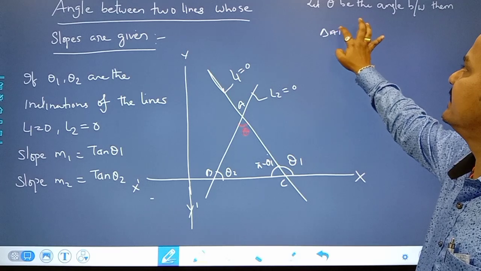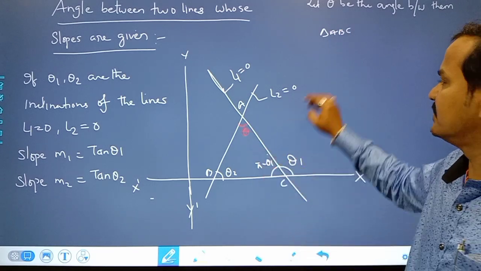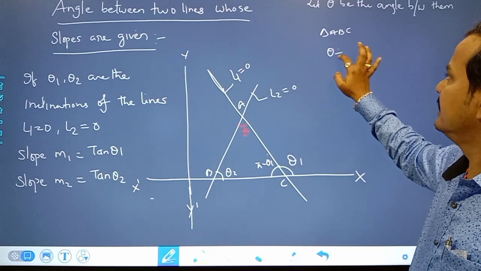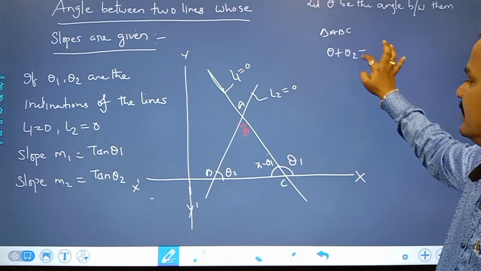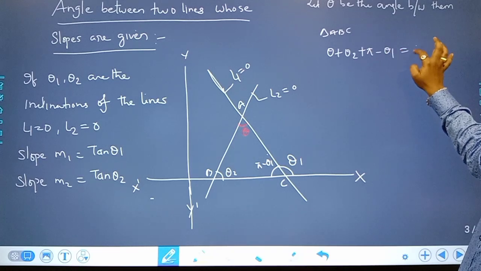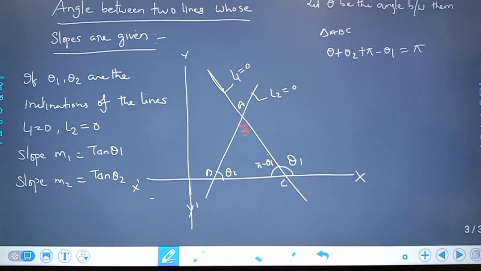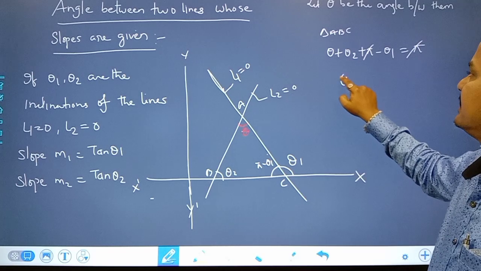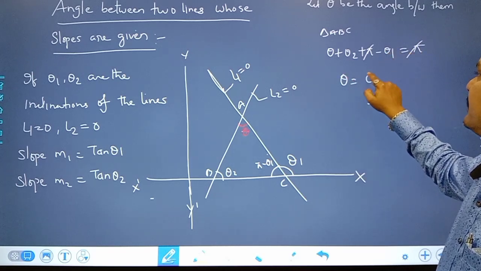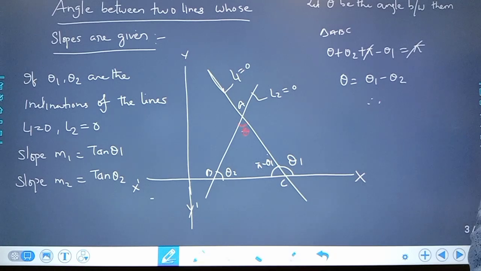In triangle ABC, the sum of the angles is 180 degrees. So theta plus theta 2 plus pi minus theta 1 is equal to pi, because the sum of the angles in a triangle is 180 degrees. So theta is equal to theta 1 minus theta 2.